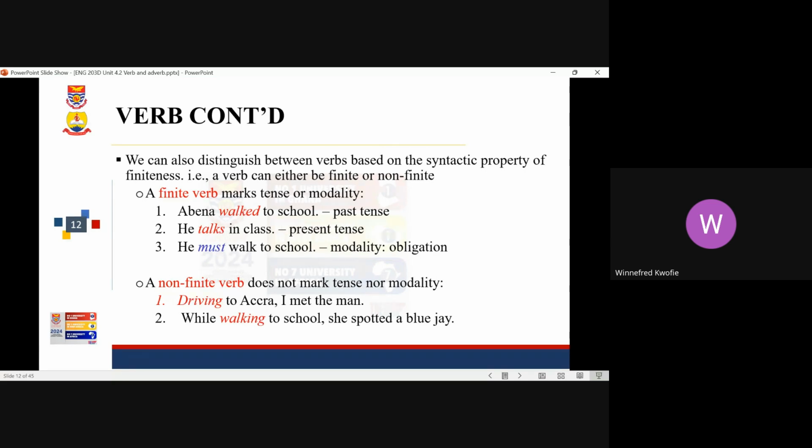When the verb is in any other form, for instance, continuous form, future form, participial form, they are all non-finite.